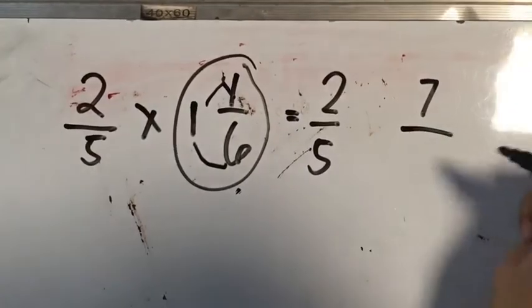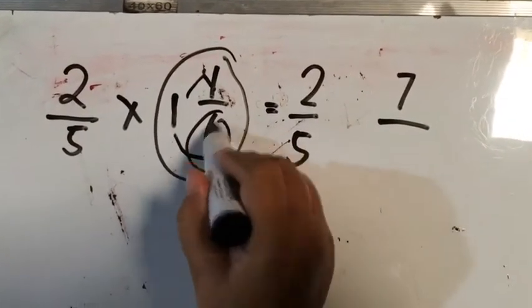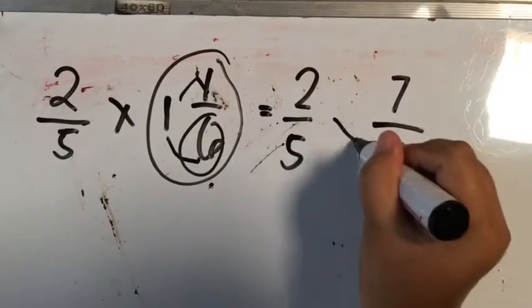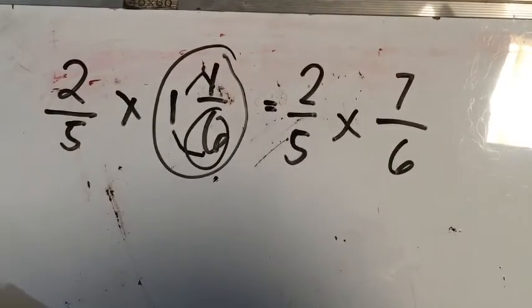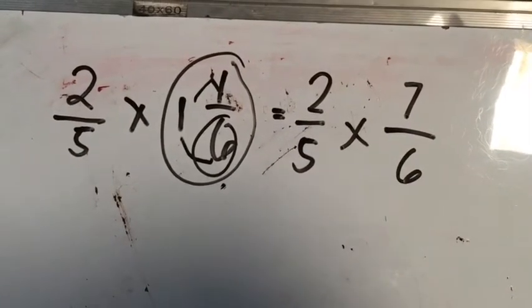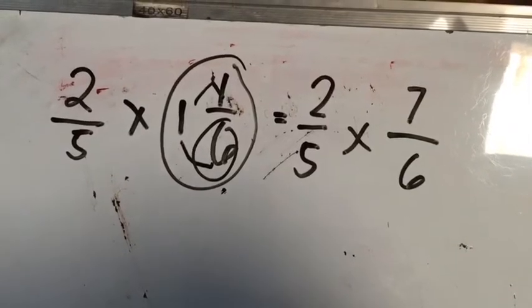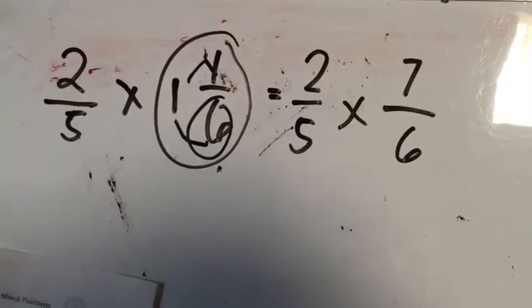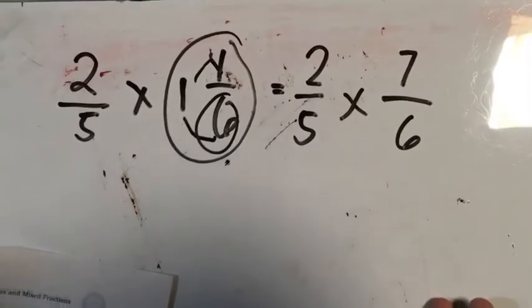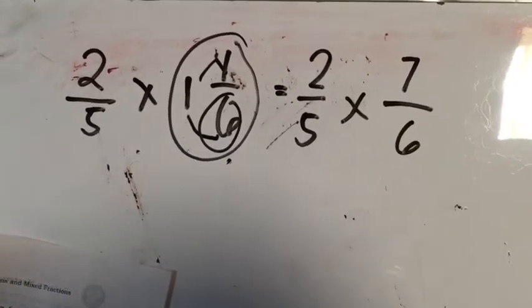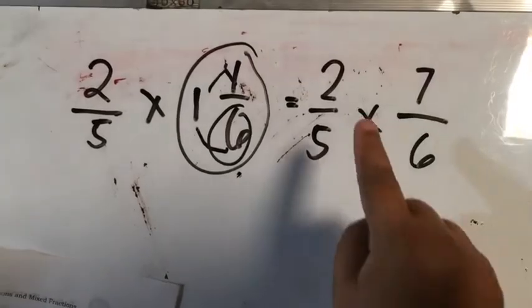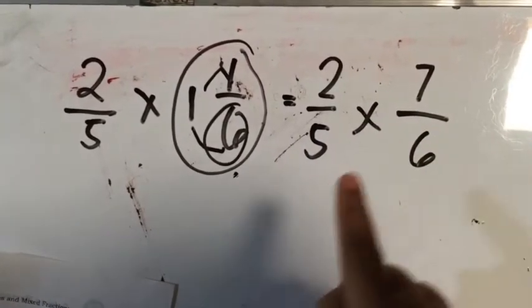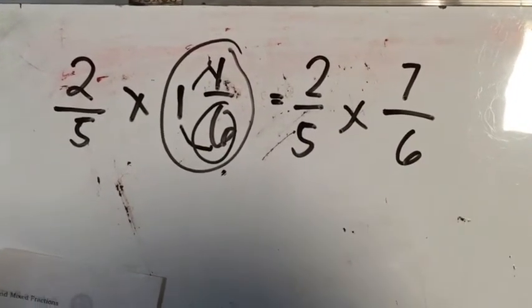And all you have to do with the denominator is copy 6, and write the multiplication sign because it's already multiplication of fractions. This time, you can multiply numerator and denominator: numerator by numerator, denominator by denominator.